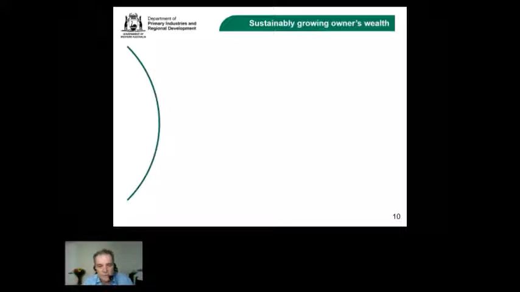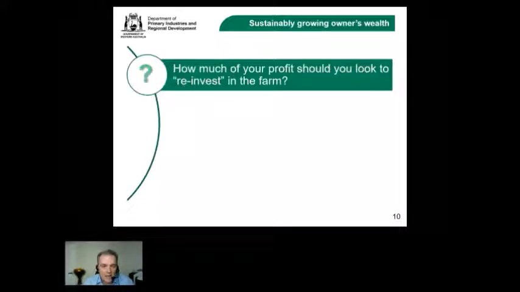What are some of the decisions we need to make? How much profit should we reinvest in the farm? How much should we take out on living expenses, or beyond living expenses, as a reward for all the effort and risk that we've taken? So what do we do with that net profit at the bottom there?